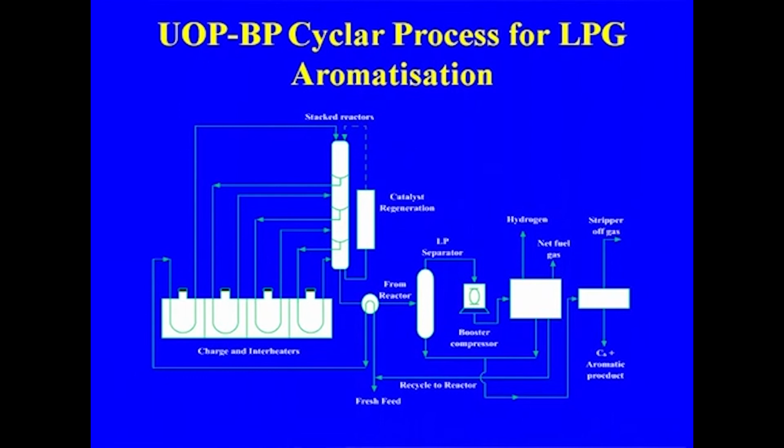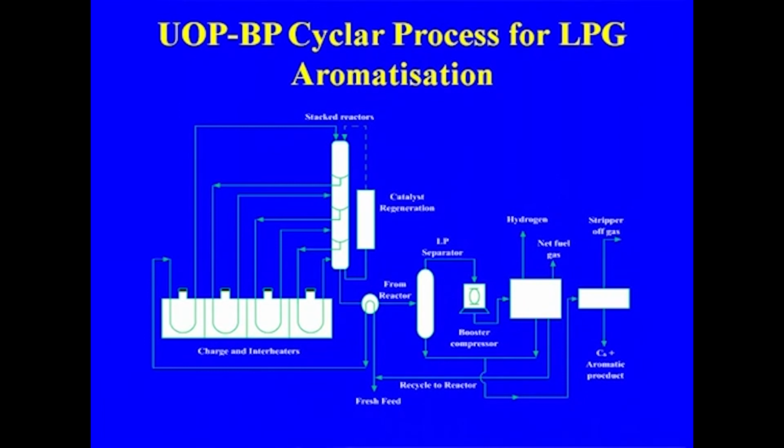This is the typical LPG aromatization unit developed by UOP, where again we have a series of reactors. These are the stacked interheaters, and these are the reactors. We have the stacked reactor. This type of reactor is also used in the case of catalytic reforming.